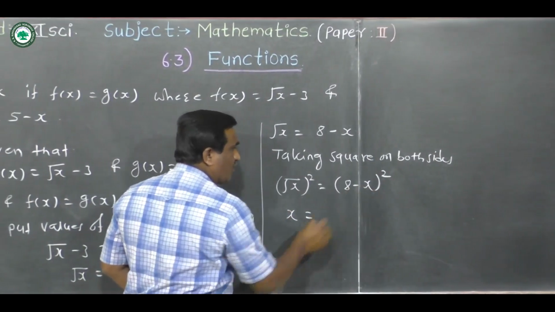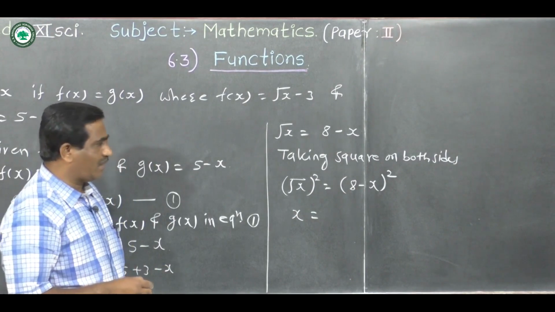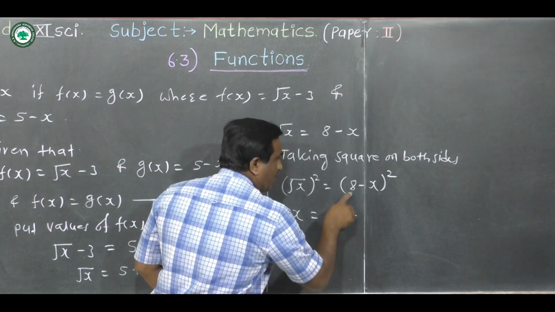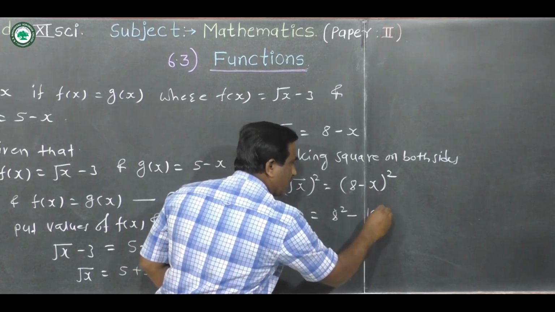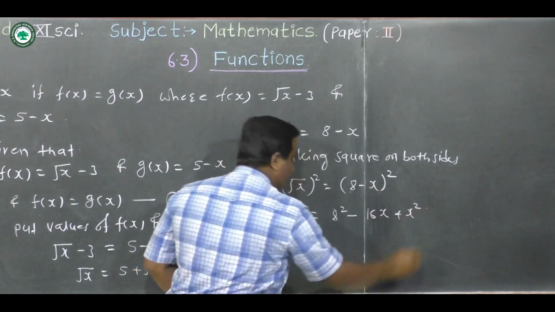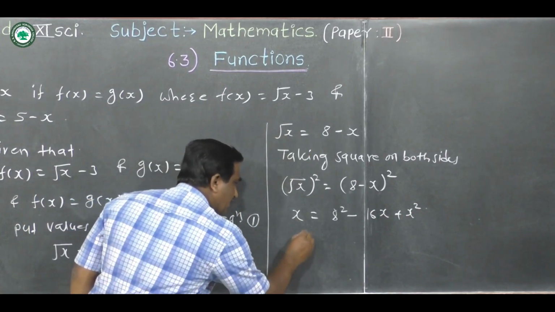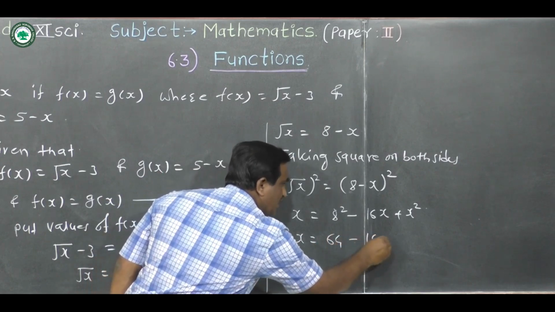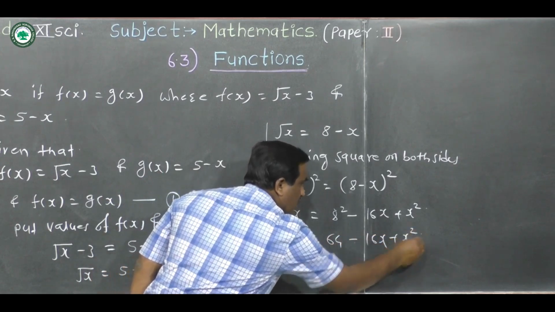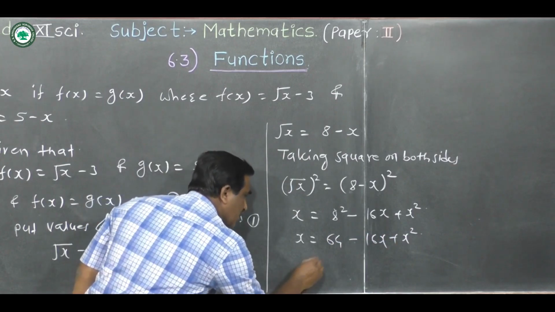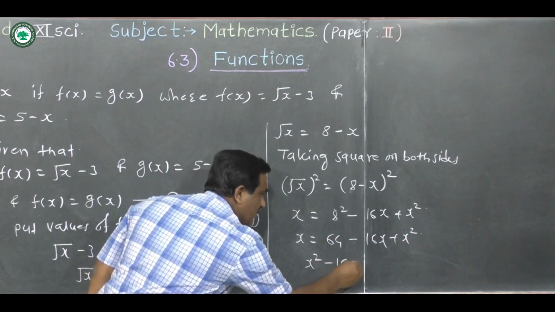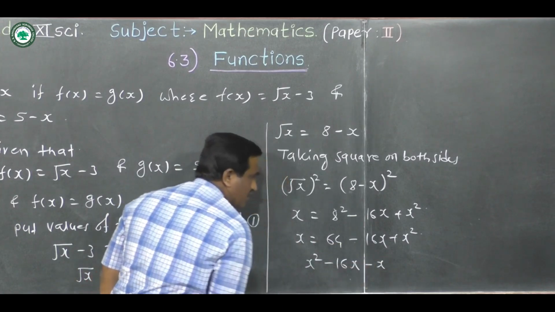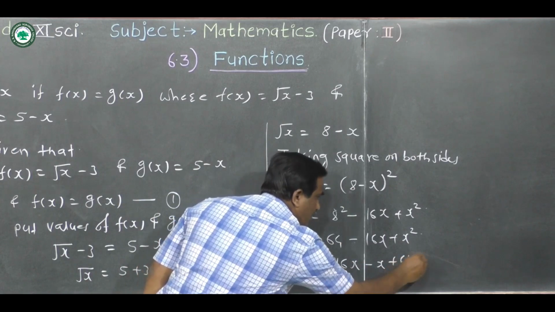You can take the expansion for this bracket by using the formula (a minus b) bracket square equal to a square minus 2ab plus b square, that is 8 square minus 2 into 8, 16 into x, plus x square. Okay, that is x is equal to 8 square, means 64, minus 16x plus x square. That is x square minus 16x, take this plus x to the other side, this becomes minus x plus 64, as it is equal to 0.